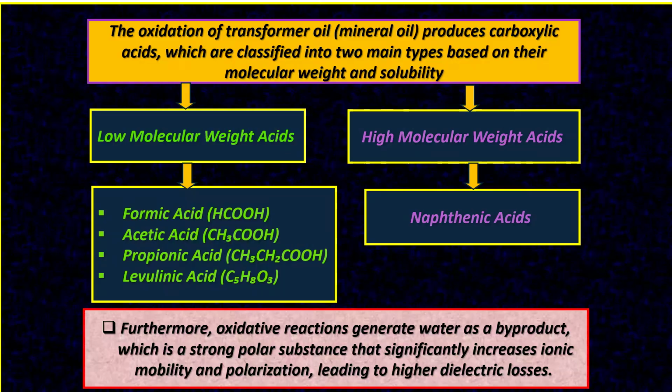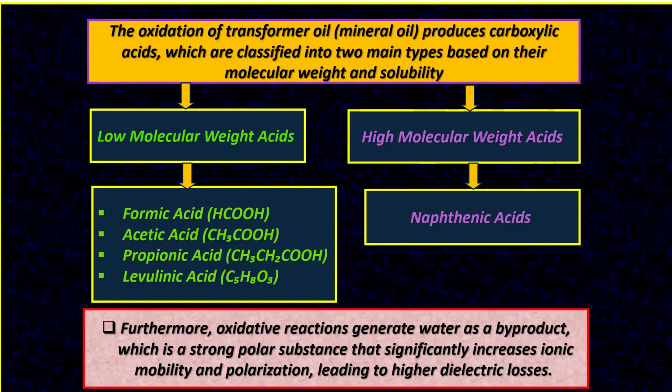The oxidation of transformer oil, which is basically mineral based, produces carboxylic acids, which are classified into two main types based on their molecular weight and solubility. One, low molecular weight acids, and another, high molecular weight acids.